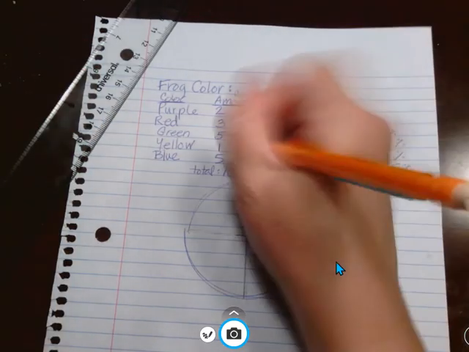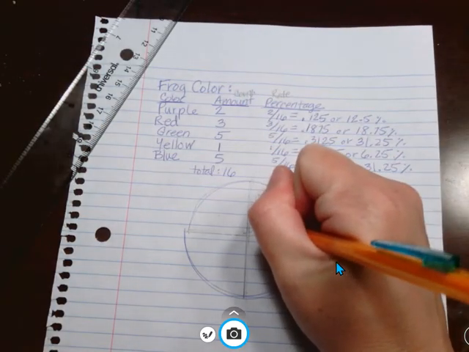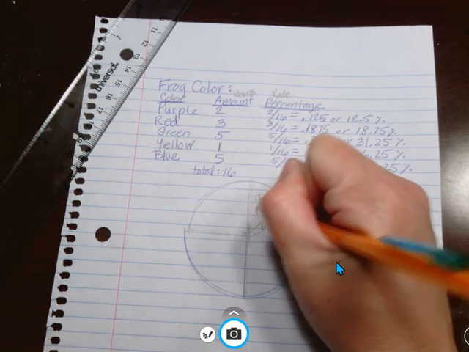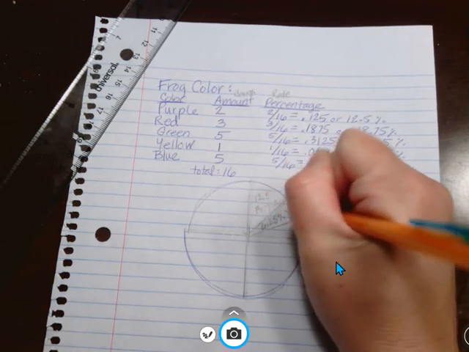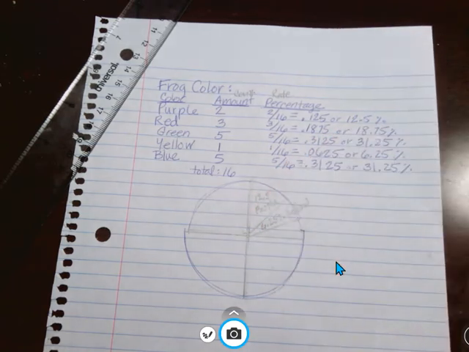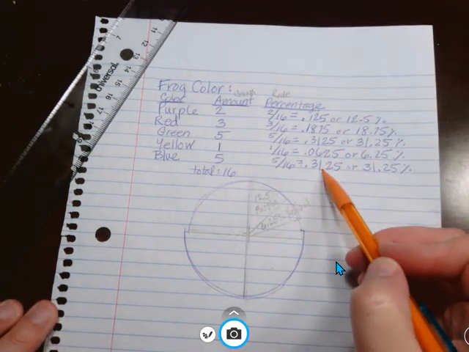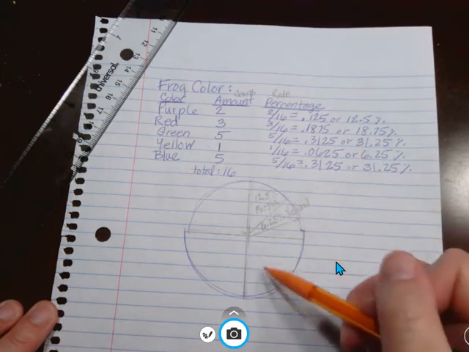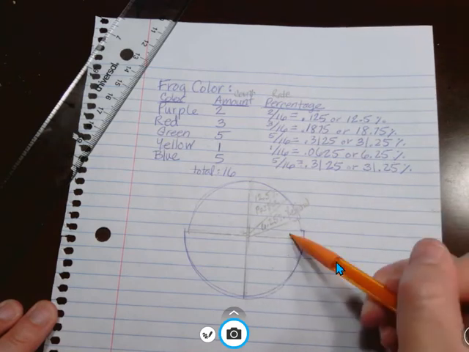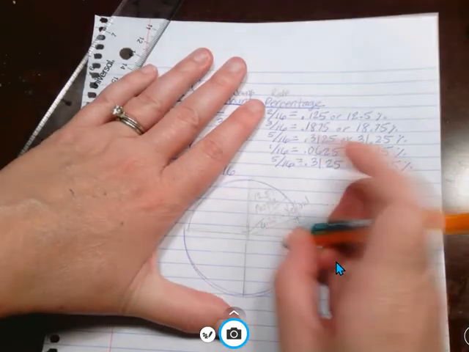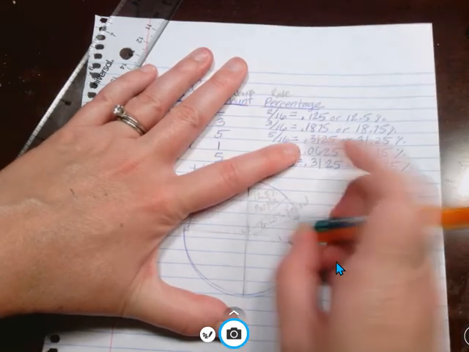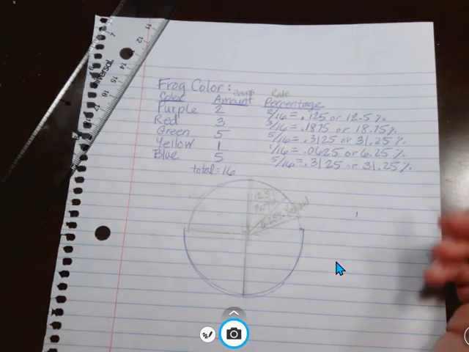So 6.25% yellow. Okay. I have 2 that are 31.25%, and that's going to be 25% plus 6.25%. So that here could make a 31%.